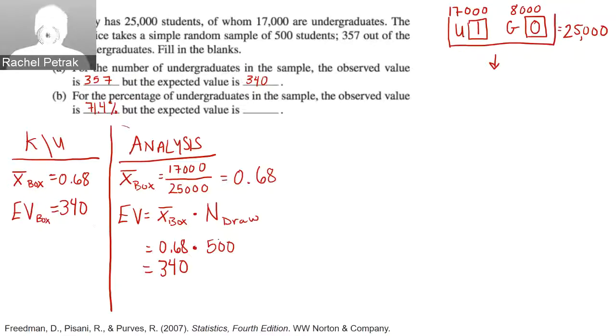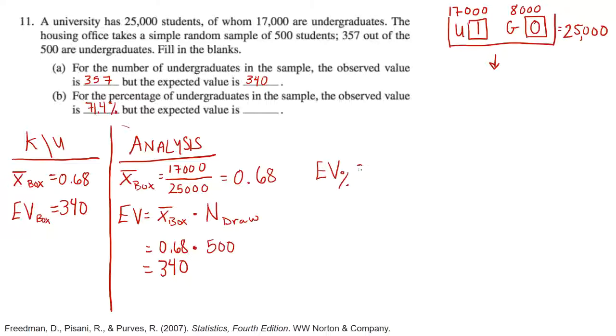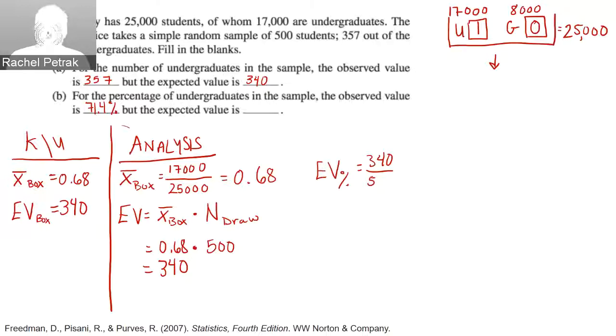If you want to prove it, you can take your 340 out of the total n, and it just works out back to 0.68, the mean of the box. As a percentage now, it's 68%.